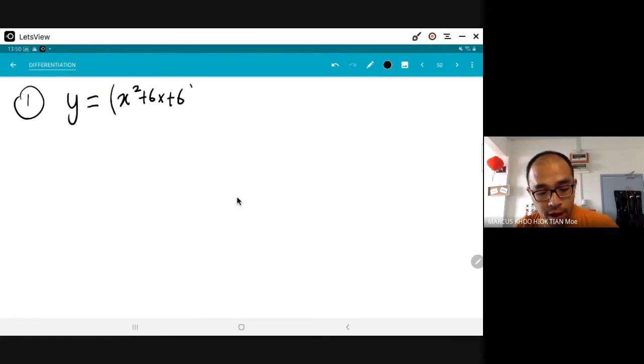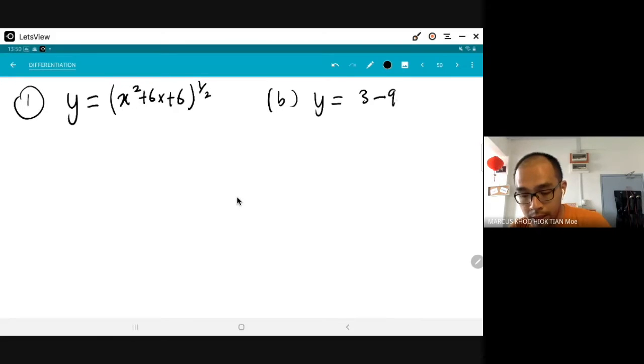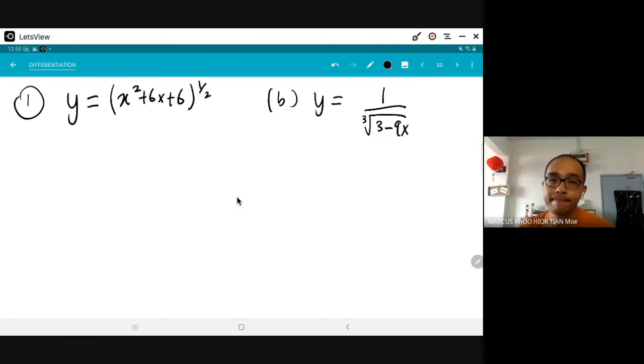The second one is y equals to 1 over square root of 3 minus 9x. These 2 first. Give it a try and then we'll see what happens.